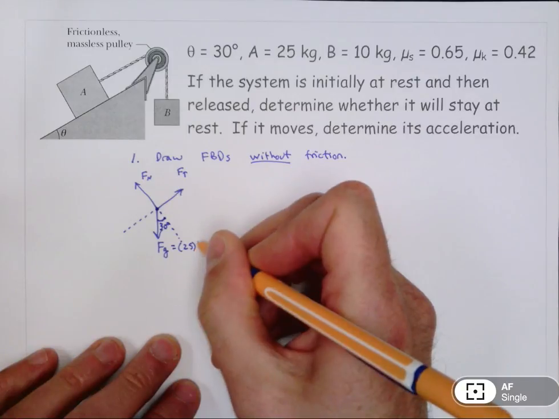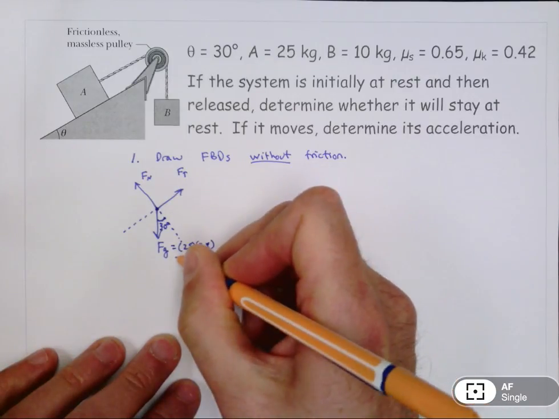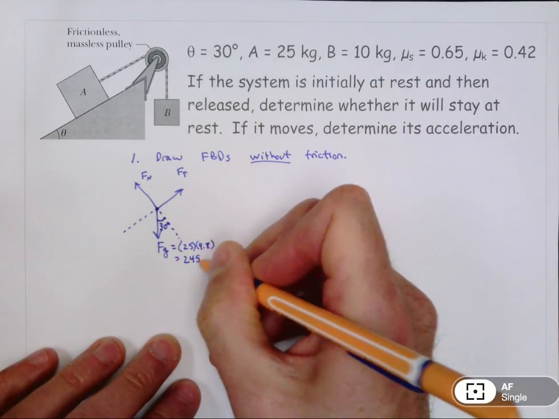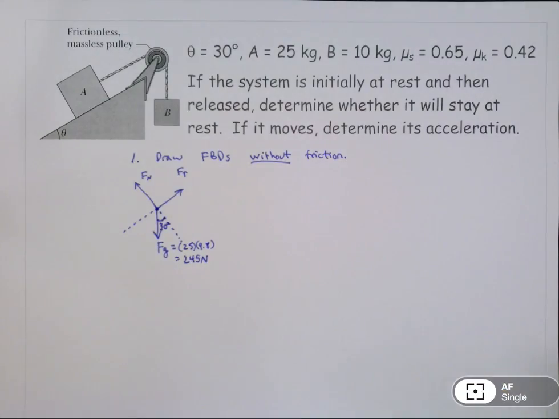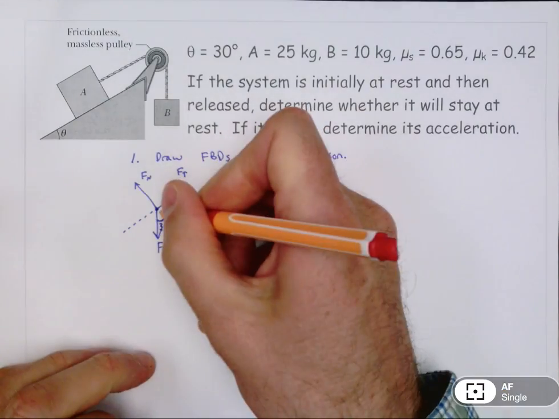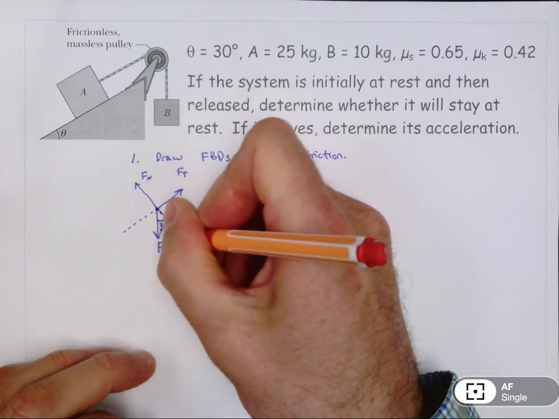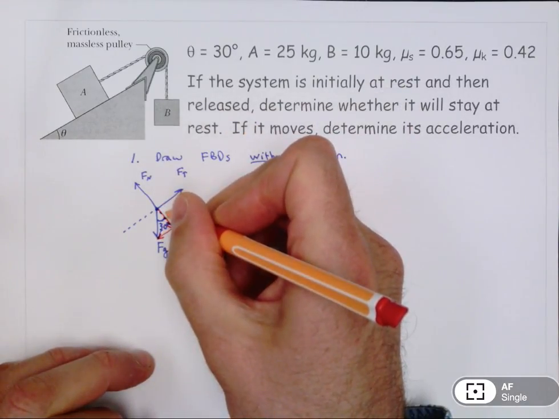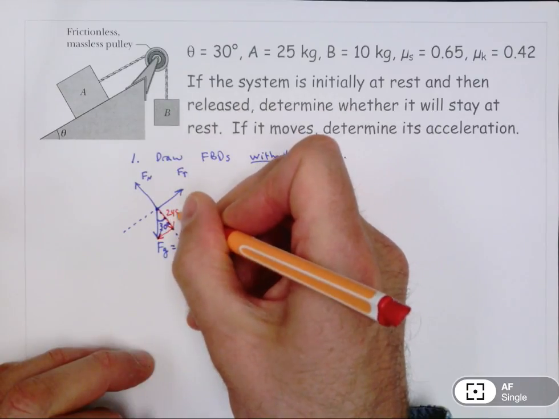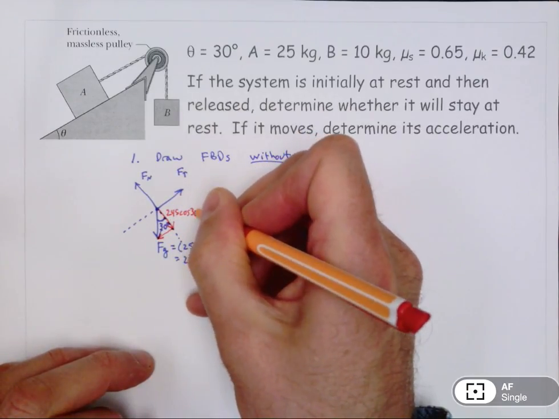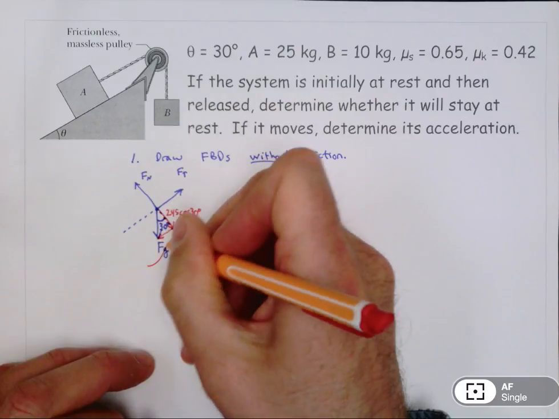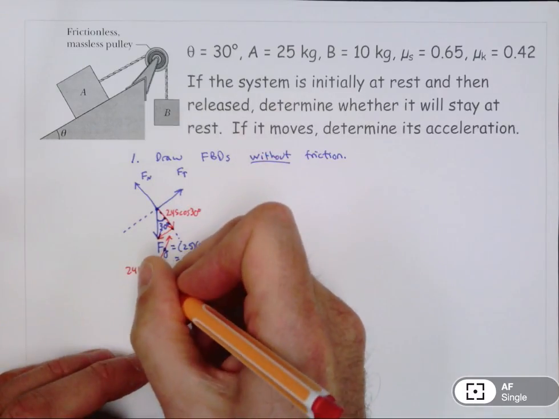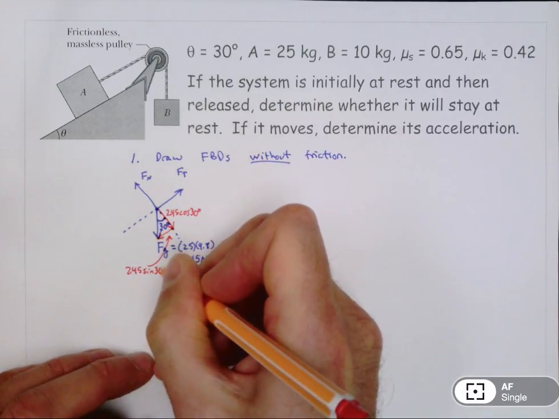So 25 times 9.8 is going to give us its weight, which is 245 newtons. I always want to find the x and y components of a force that's at an angle. Since this is adjacent here, the y component is going to be 245 times the cosine of 30, and the x component is going to be 245 times the sine of 30.